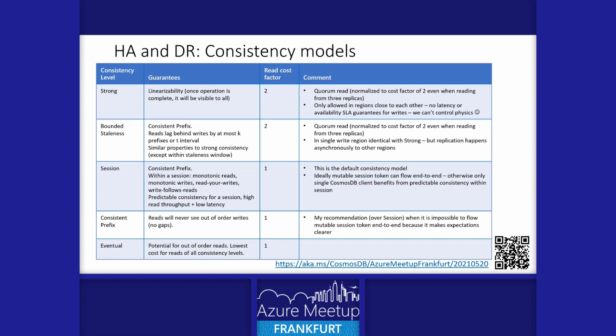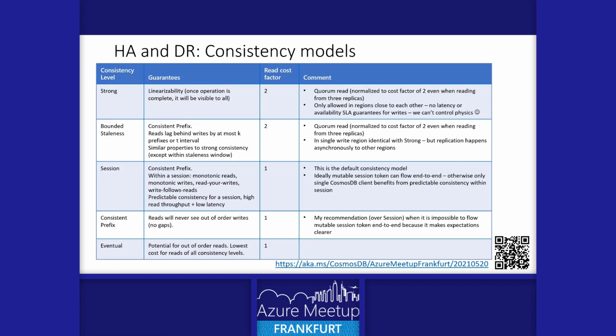With session, in many cases one replica is sufficient. Sometimes you might need to also read from other replicas to get the version that your session token is enforcing, but for simplicity the cost is always the same as eventual. With strong and bounded staleness it's slightly different, because reads need to go to at least two different replicas to do a quorum read.